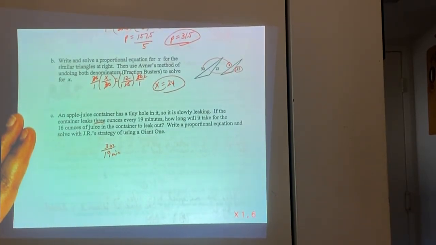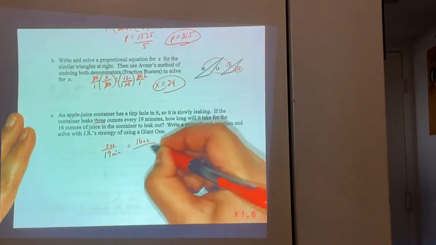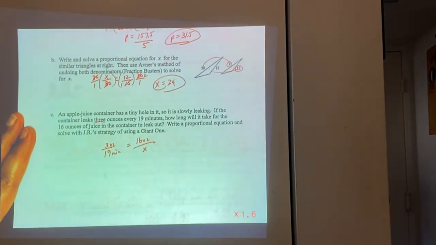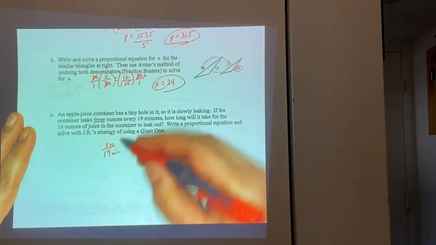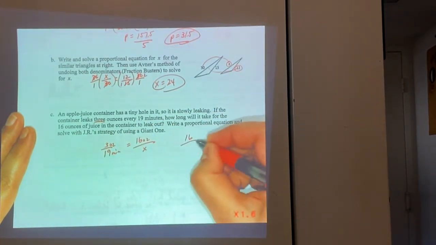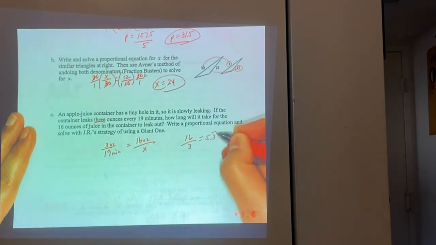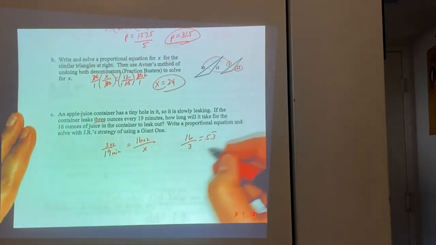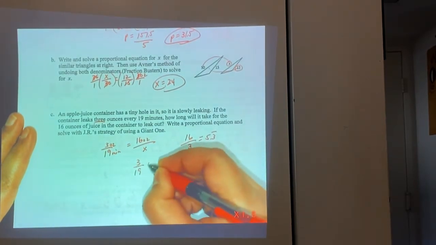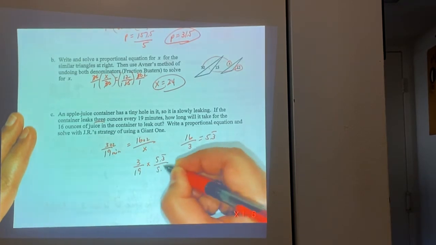Okay. So we're trying to figure out what this is, and I'm going to call that x. So we need our giant 1. So then I need to know 3 times what is 16. So we'll do 16 divided by 3 and we'll get 5.3 repeating. So we'll do 3 over 19 times 5.3 repeating over 5.3 repeating.